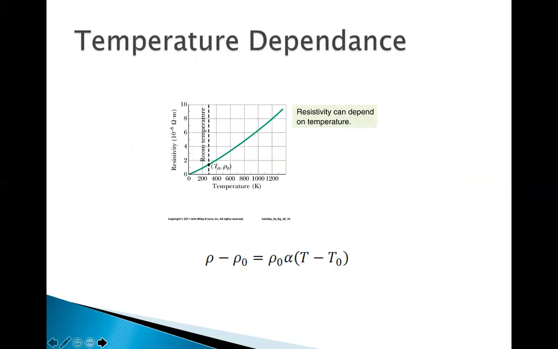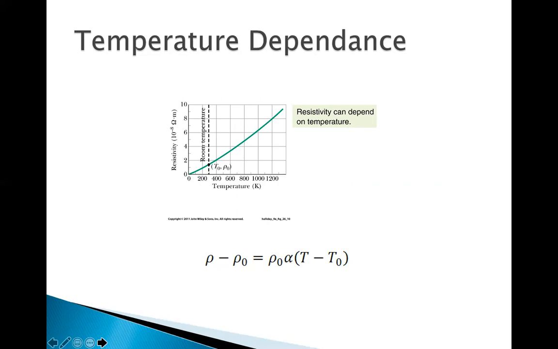The resistivity is a constant a lot of times at a certain temperature. When temperature changes, the internal motion will increase and the resistivity will change. Therefore, the resistivity value we have is always for a particular temperature. For example, there's a room temperature resistivity. That's when the wire's resistance is defined.